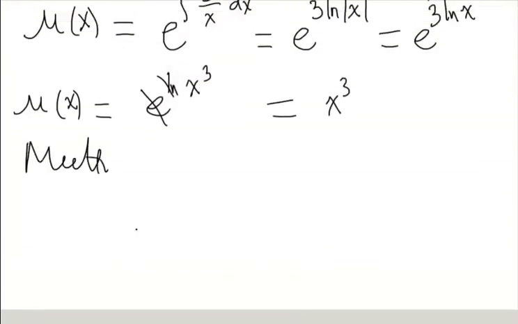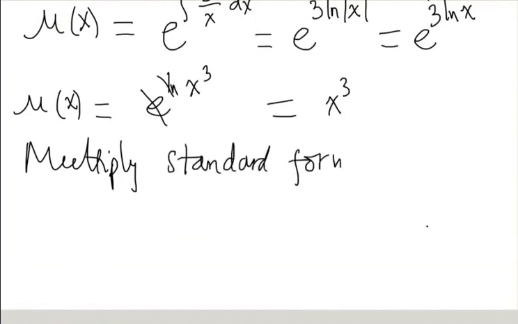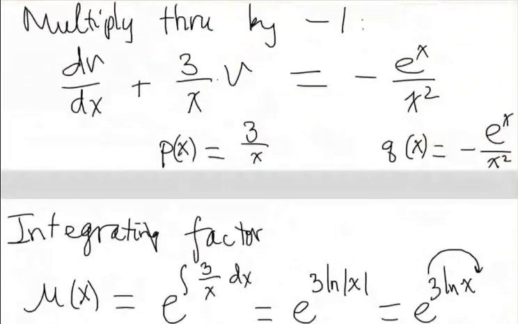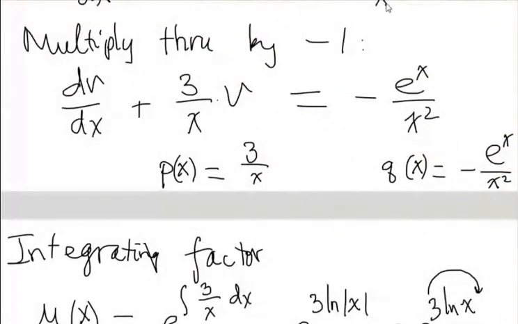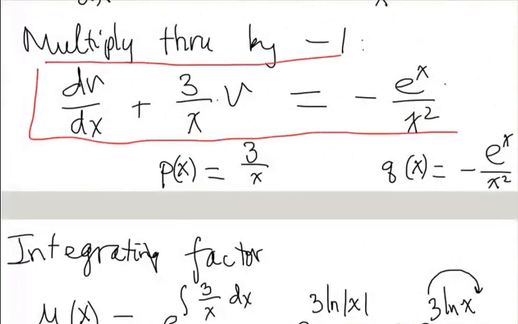Now we multiply the standard form by x cubed. The standard form that I am referring to is here, and we need to multiply through by x cubed.